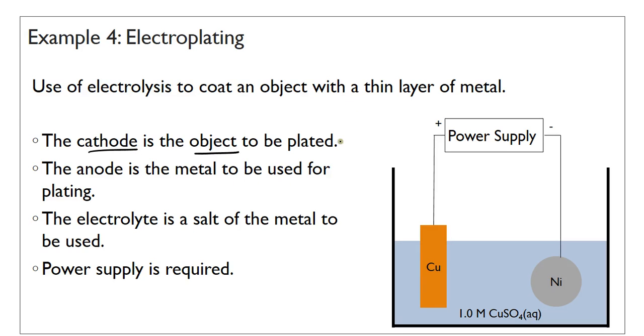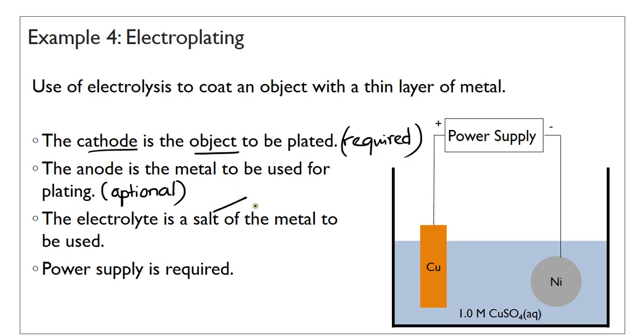So this is required, but having the anode be the metal used for plating is not necessarily required. It's probably optional. If you don't use it, then it's going to change one thing. I don't think I'm going to talk about that in this video, but we're going to just stick with the anode being the metal.